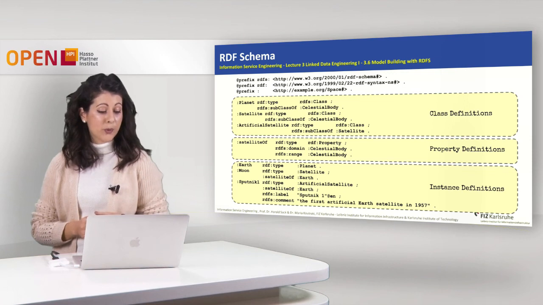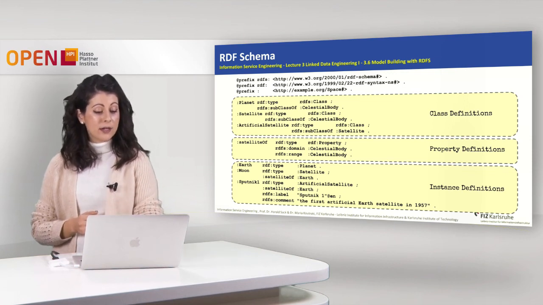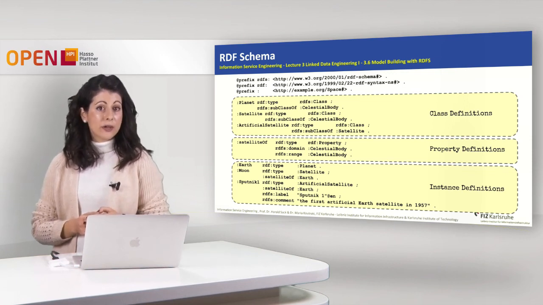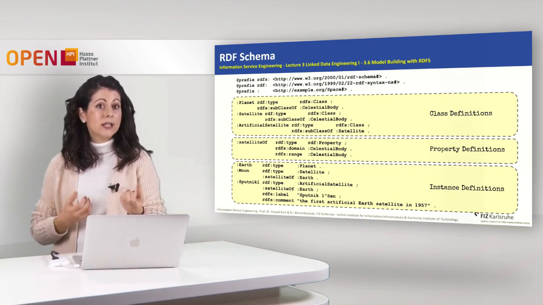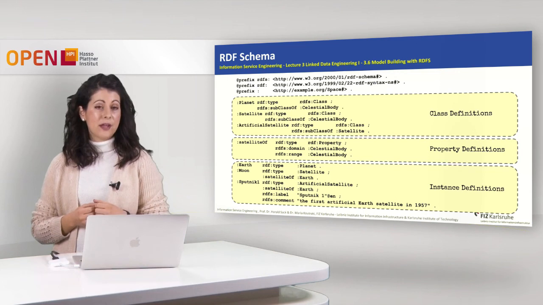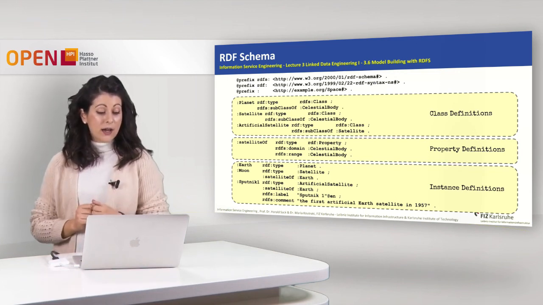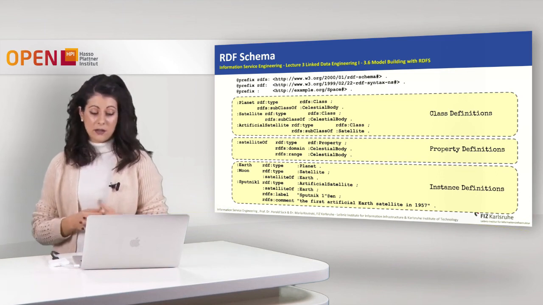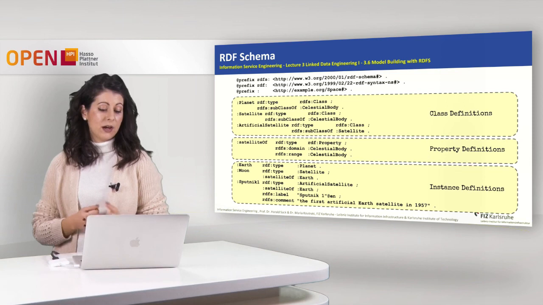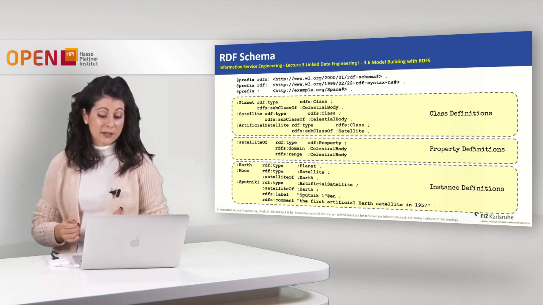And we see some more properties here about Sputnik. We see the RDFS label of it, and you see that in quotation marks we have the readable format of the name, and then the specification that this is in English. And last, we have the RDFS comment, so just a comment about this entity, and the comment says: the first artificial Earth satellite in 1957.